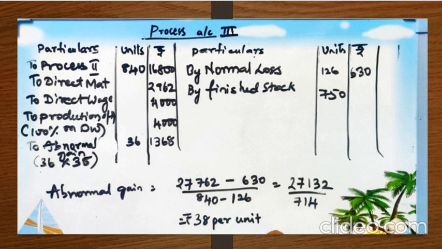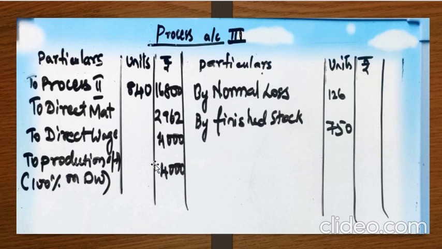Now you need to check whether there is abnormal loss or abnormal gain. Total up your input and output units. If you total up your input, you will get 840.